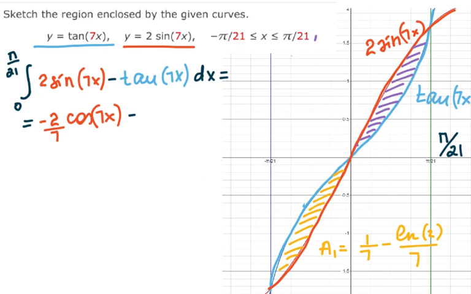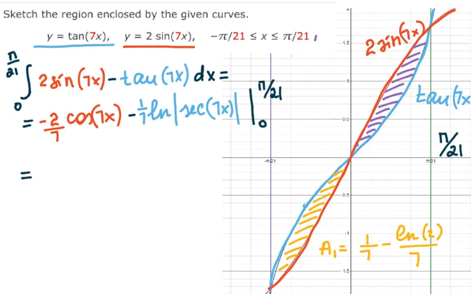And for integral of tangent, we'll get the natural logarithm of secant of 7x, or 1 over cosine. And then again, you only will get the function in the integral if you take this derivative and you had 1 over 7 in front. And we're going to do the integration between 0 and pi over 21, the limits.